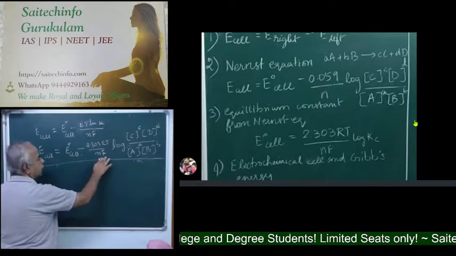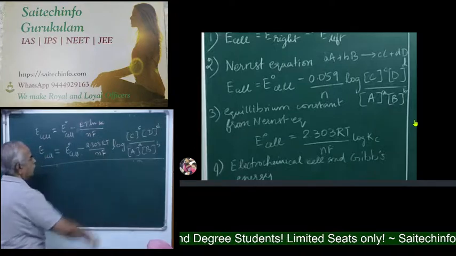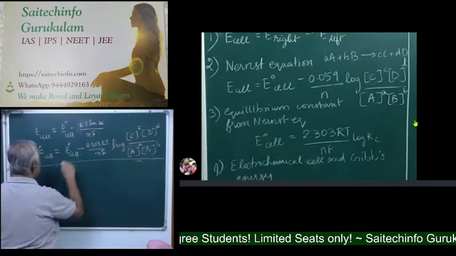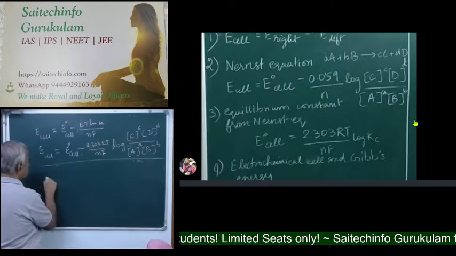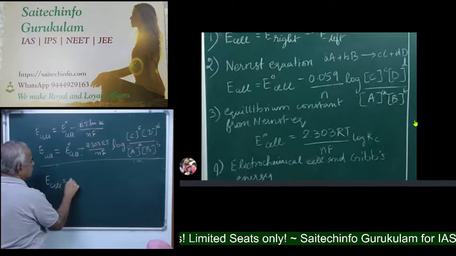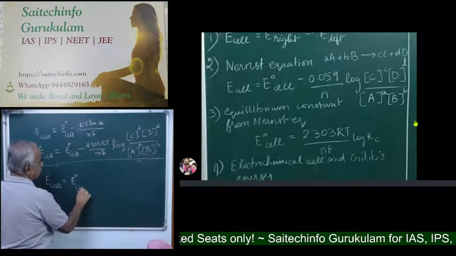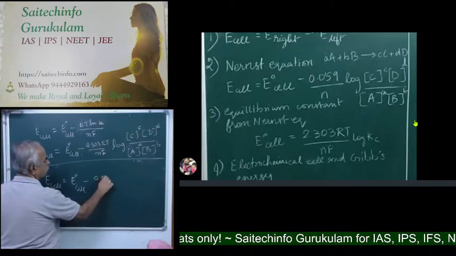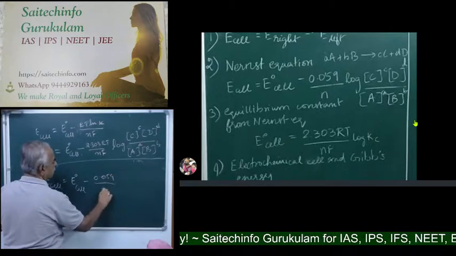And Faraday, 96,500 coulombs. By replacing all these values, you can get E cell is equal to E naught cell minus 0.059 divided by n.